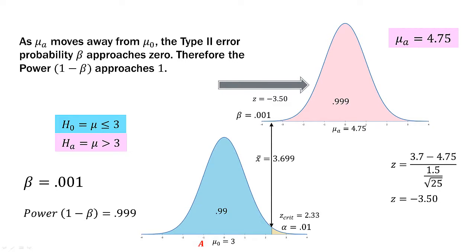Now again, if we have point A, we would fail to reject the null hypothesis correctly. If we have point B, we would reject the null hypothesis but do so incorrectly. If we get point D, we would reject the null hypothesis but do so correctly, and again, that's the power of the test. If we got a mean at point C, we would fail to reject the null hypothesis, and of course that would be incorrect because that point belongs to the population on top.